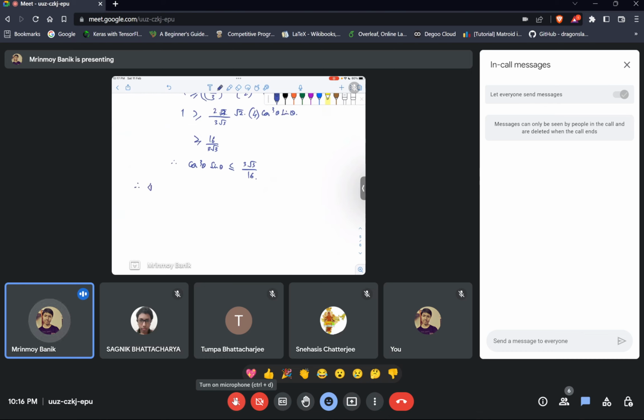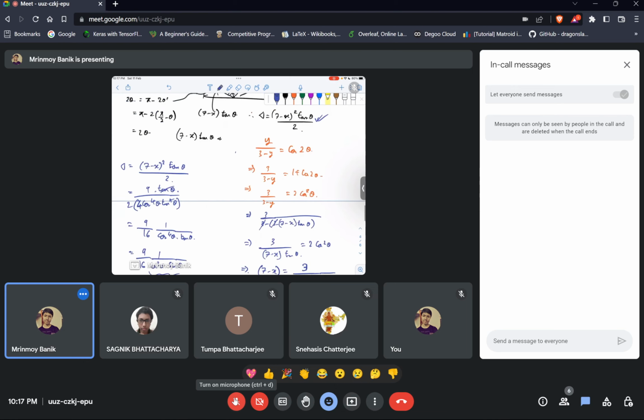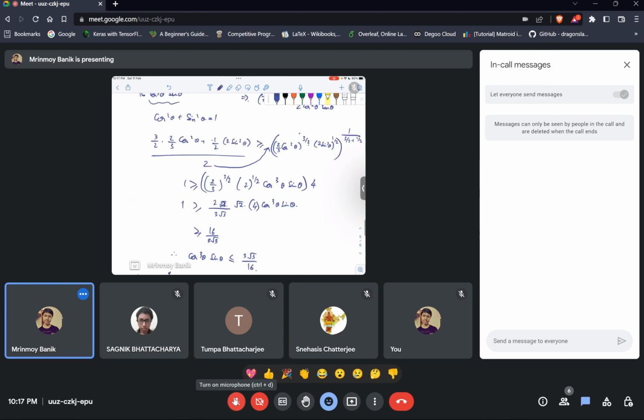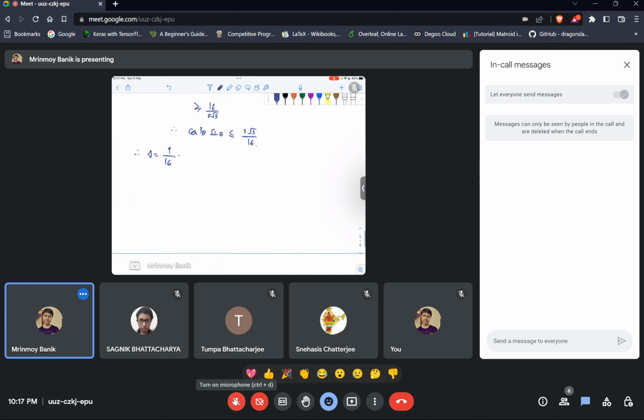So that area is coming to be 16 by 9, or 9 by 16, sorry. 9 by 16, 1 by cos cube theta sine theta, which is greater than or equal to 9 by 16, 16 by 3 root 3. Just root 3. Is that just root 3?